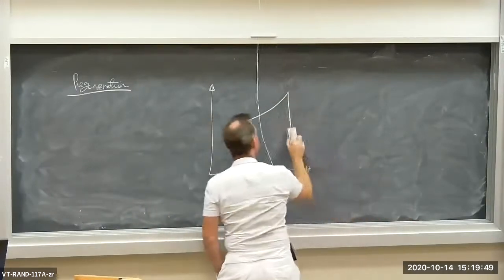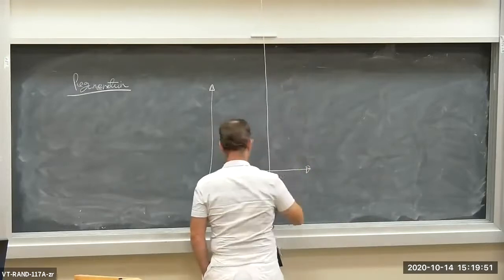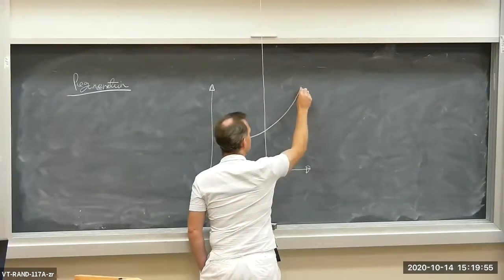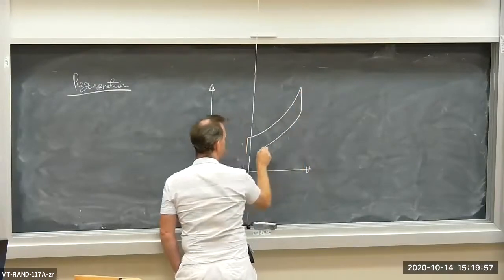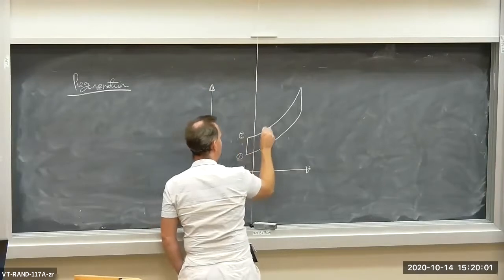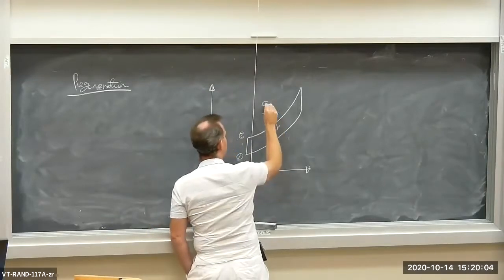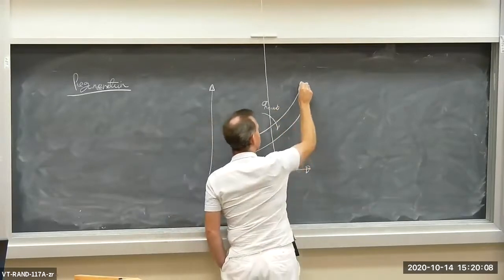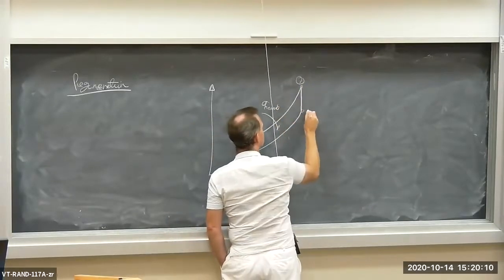I'm going to draw it a certain way. There we go. So, compressor inlet, compressor outlet, heat addition from the combustor, turbine inlet, turbine outlet, okay?